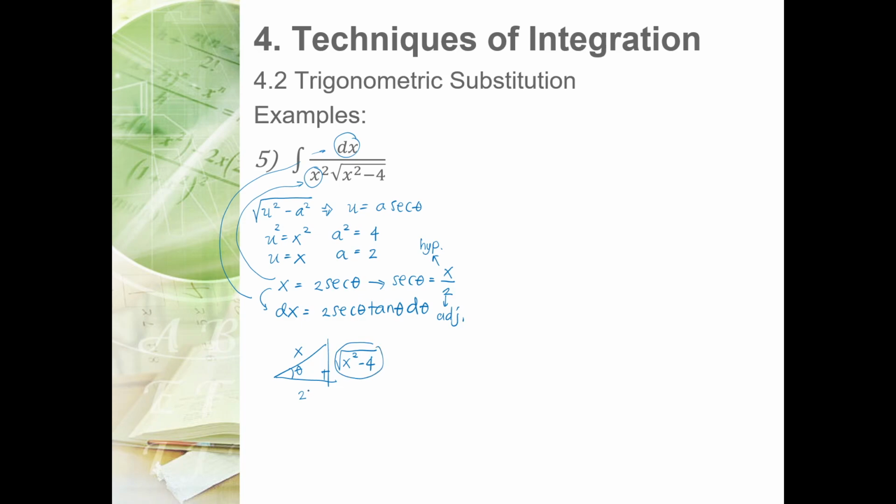Next is pairing up your square root with a constant. Looking at the two terms, we're going to utilize the tangent function. Tangent is opposite all over the adjacent side. So this becomes 2 tangent theta is equal to the square root of x squared minus 4. So we can now replace this one with 2 tangent theta.